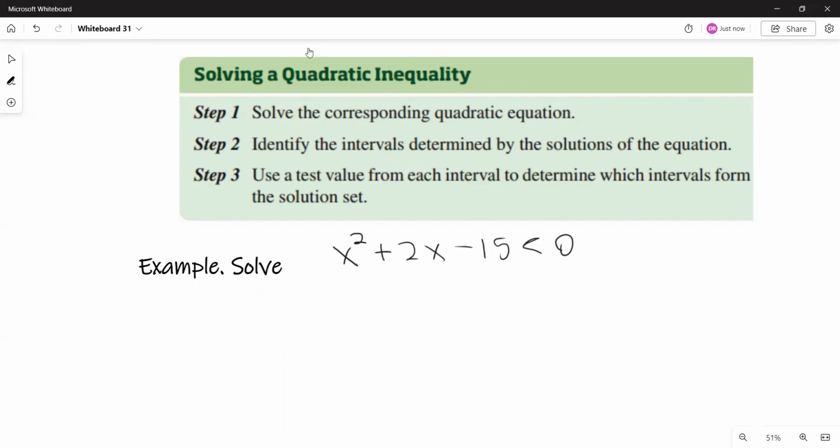Okay, so step 1. We are going to solve first the associated quadratic equation. The associated quadratic equation is going to be x squared plus 2x minus 15 equals 0.